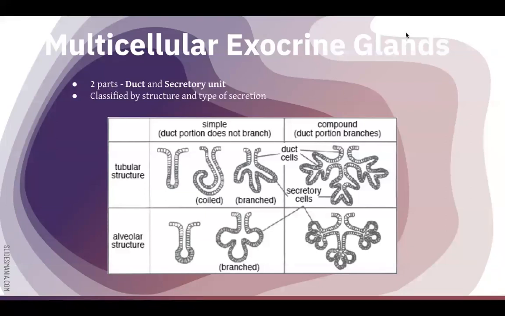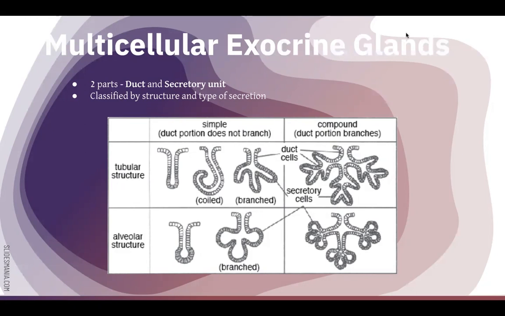So that was the unicellular exocrine glands, and next is the multicellular exocrine glands. Firstly, there are two parts, the duct and the secretory unit, and these are classified by their structure and the type of secretion. As you can see from the table, simple glands are unbranched, while compound glands on the right have branched ducts.